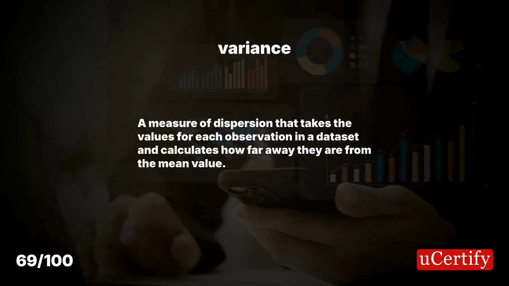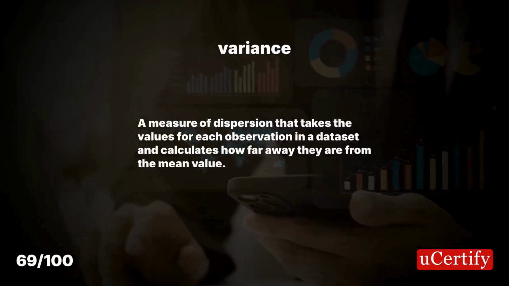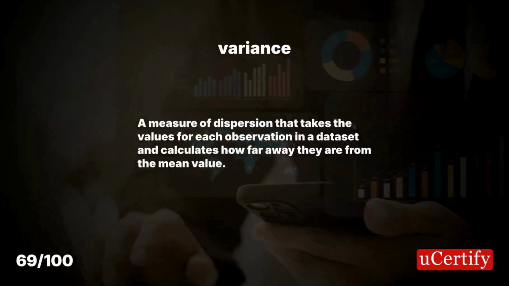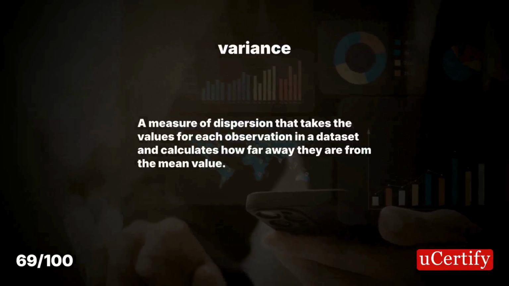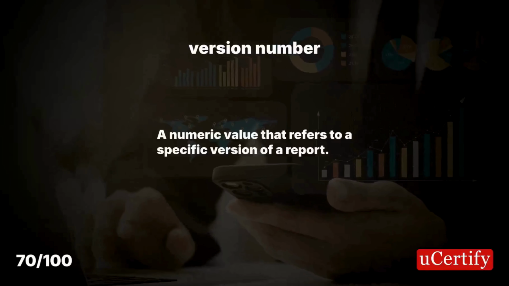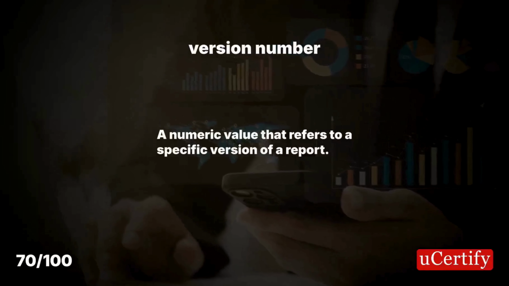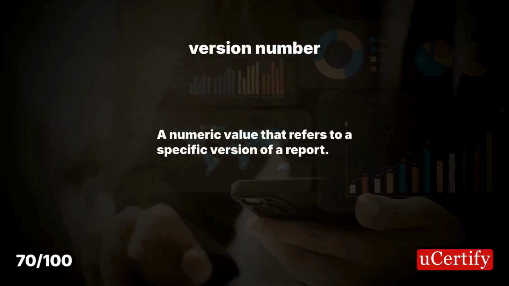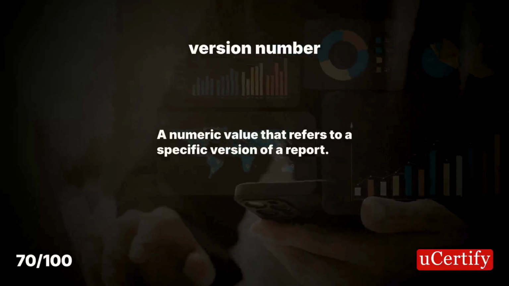Definition: a measure of dispersion that takes the values for each observation in a dataset and calculates how far away they are from the mean value. Term: version number. Definition: a numeric value that refers to a specific version of a report. Term: wireframe. Definition: a blueprint for an application that defines the basic design and functions of a dashboard.